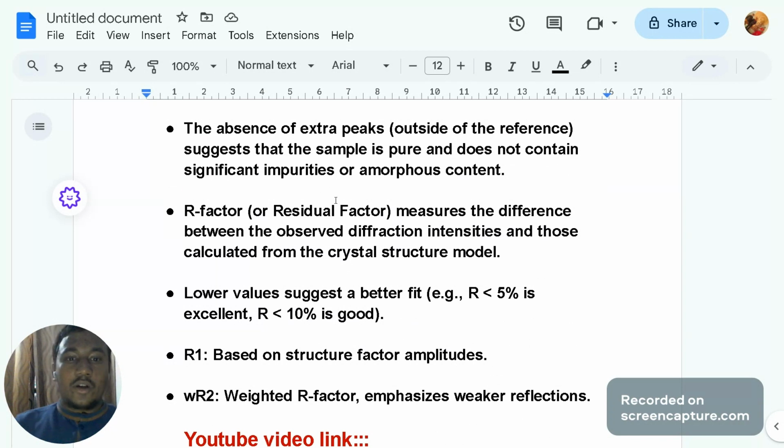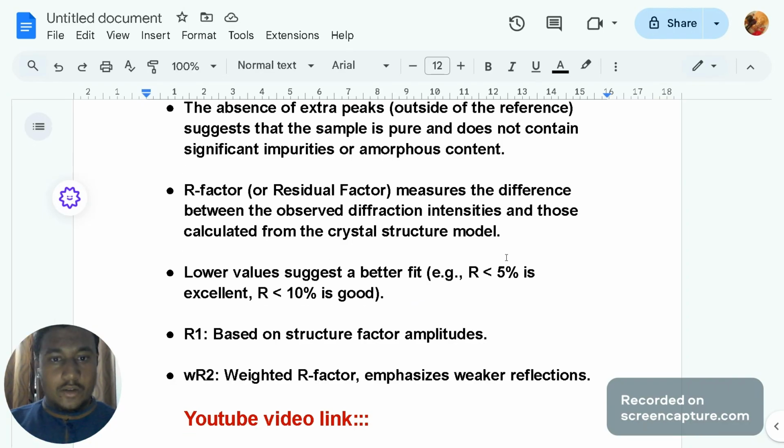And the term which I have stated from the very beginning is the R factor. The R factor is the residual factor, which measures the difference between the observed diffraction intensities and those calculated from the crystal structure model, which means it is nearly the error between the observed data and the theoretical data.